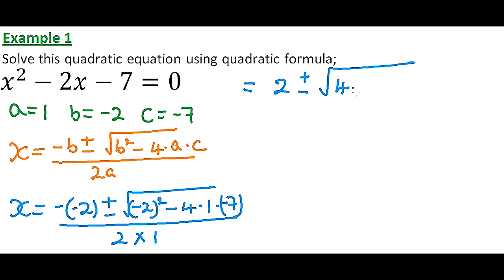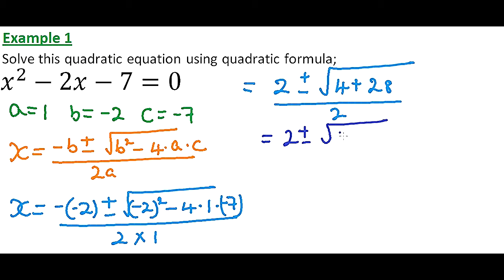So minus and minus will change to positive. So we have plus 28. All this is divided by 2. From there, we now have 2 plus or minus the square root of 32, divided by 2.